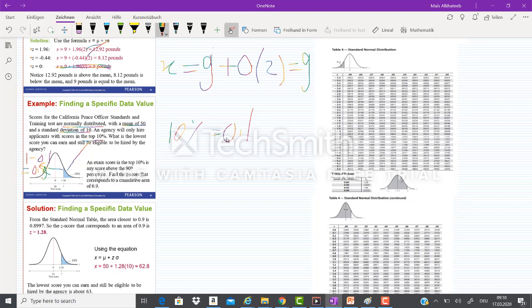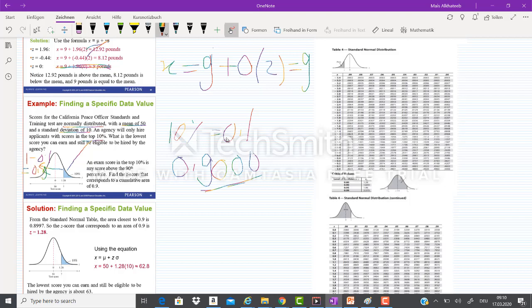I have to search for it in the table. As I know, the area always has 4 numbers after the point in the table.